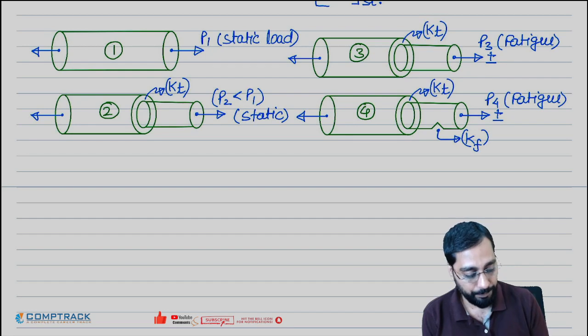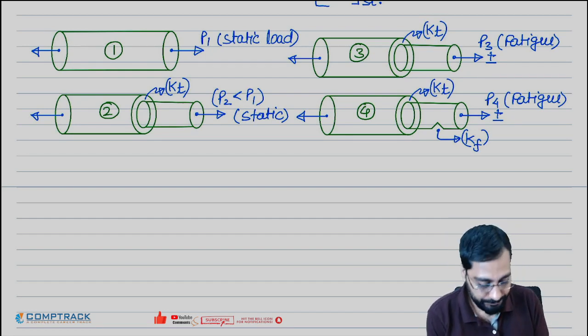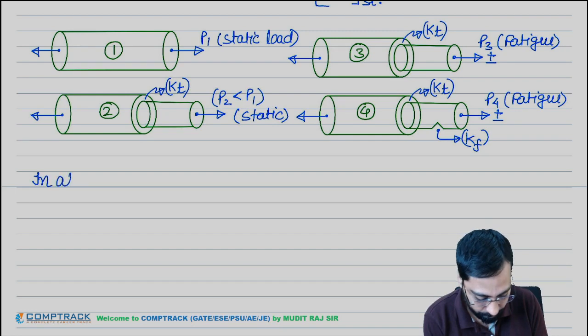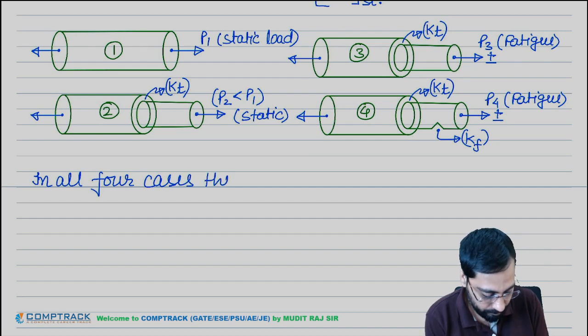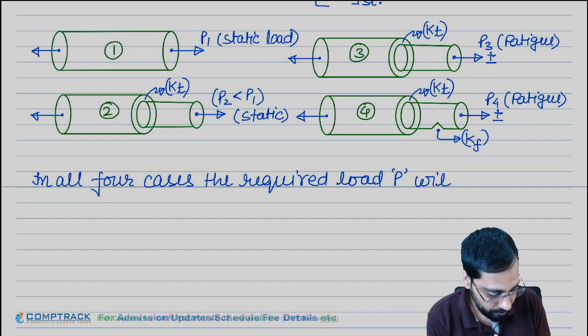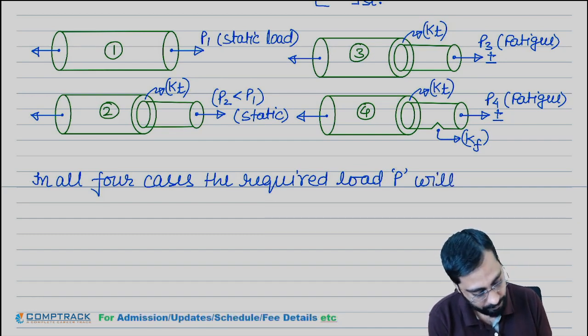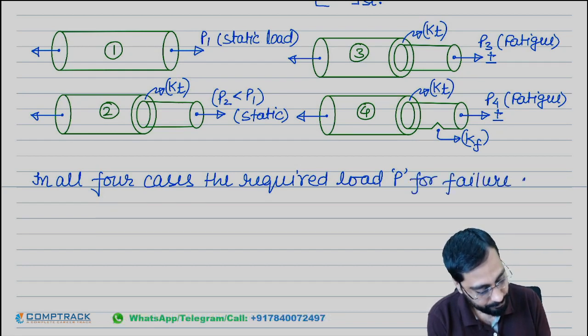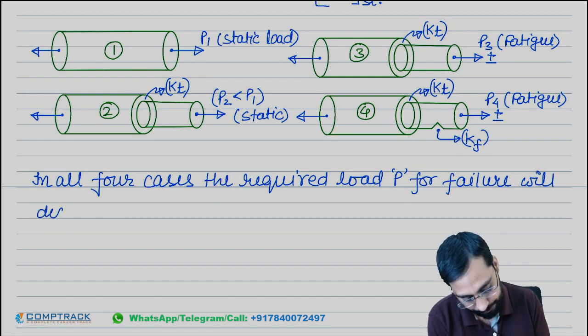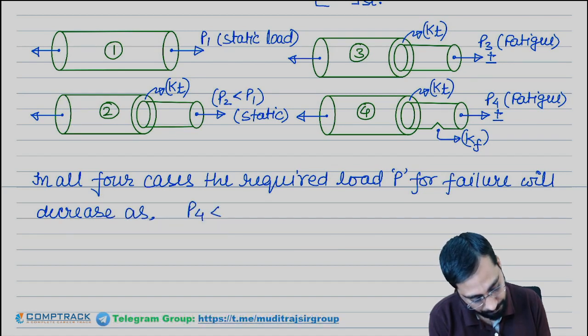So in all four cases, the required load P for failure will decrease, as P4 is less than P3, less than P2, less than P1.